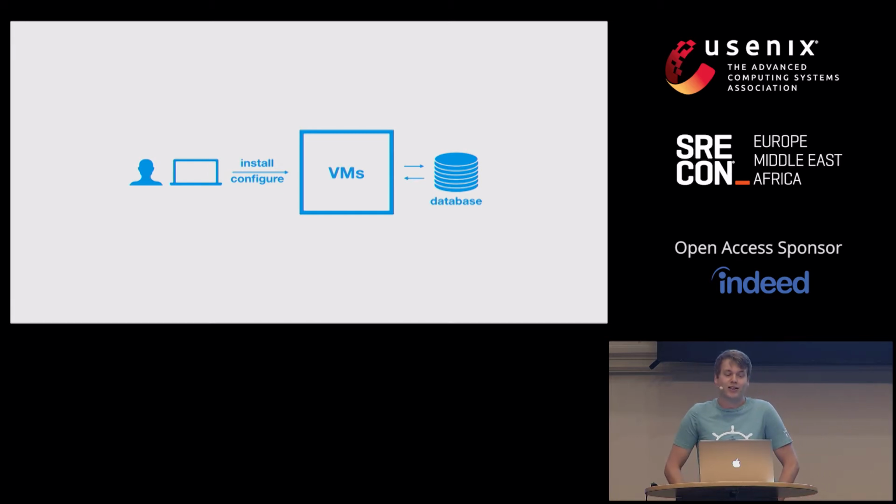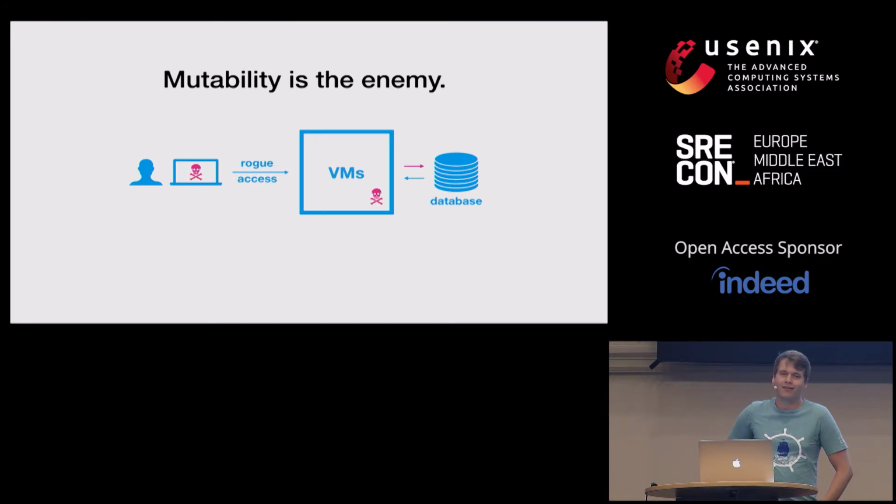It was easy to do changes, but that also meant that changes were easy for other people. And mutability, we found out from an SRE perspective, is the enemy. Because everyone who has rogue access to your VMs also has access to your databases, and they can install their backdoor. They can live in the system and stay there.